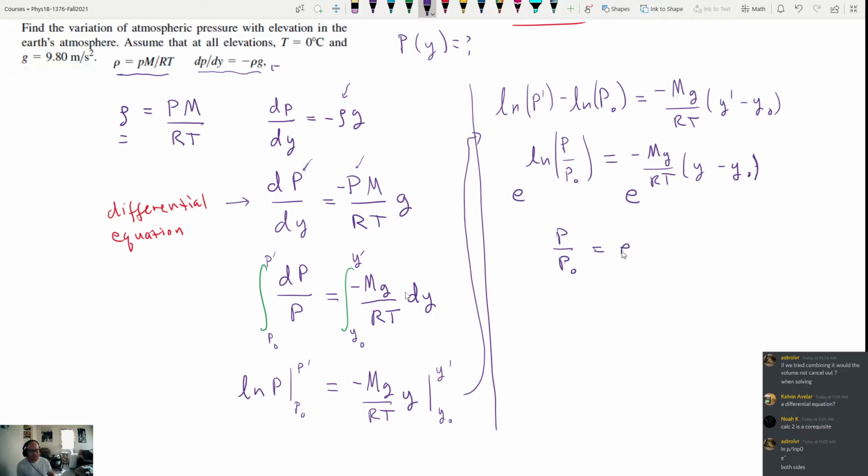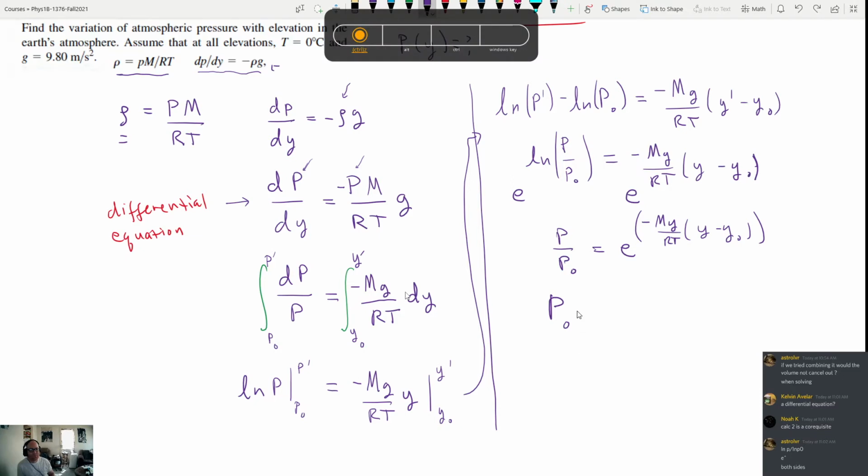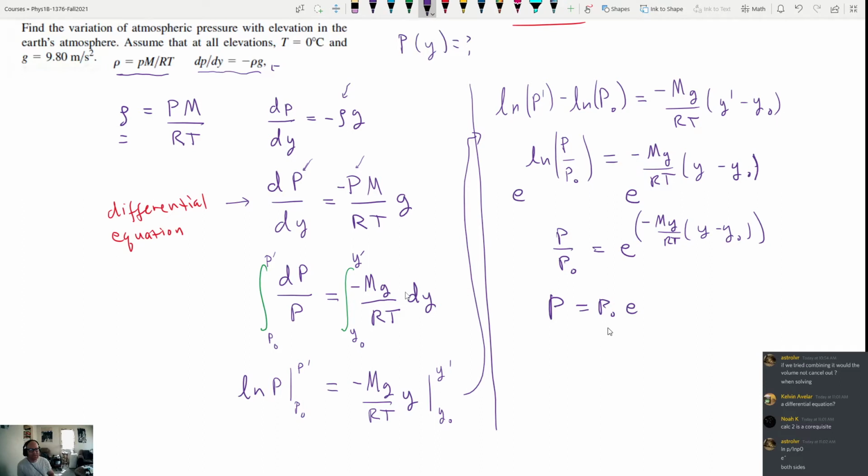That's all going to be equal to e to the negative mg over RT, so all this stuff is in the exponent up here, times y minus y naught. And then we multiply p initial over to here. So you get p equals p initial e to the negative, whoops, I got sloppy there.